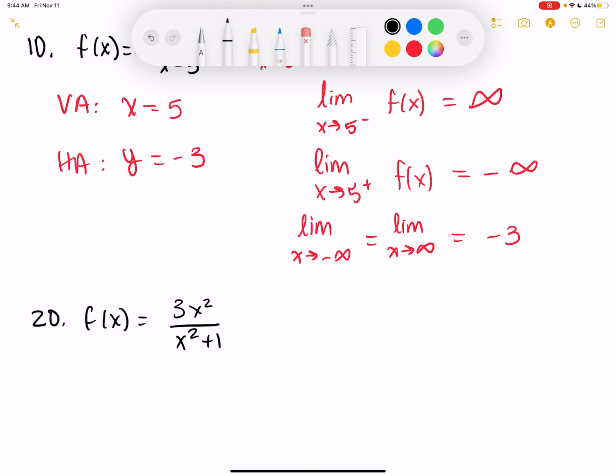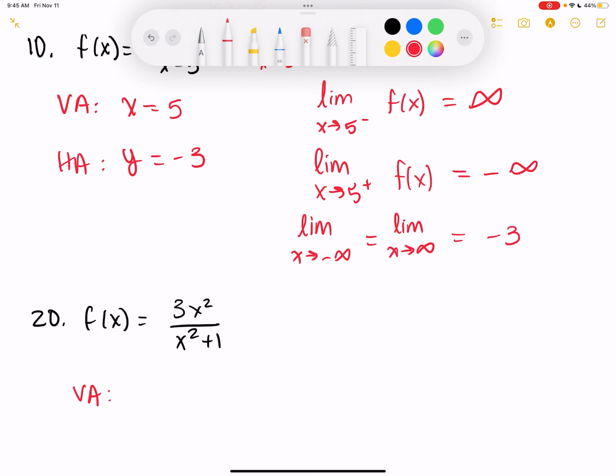So vertical asymptote. Plus or minus 1. Wait, it's not plus. Never mind. None. Why? Because it's not real.